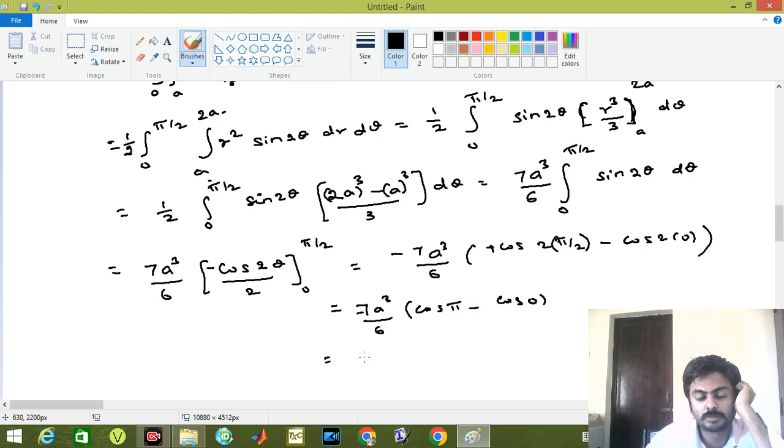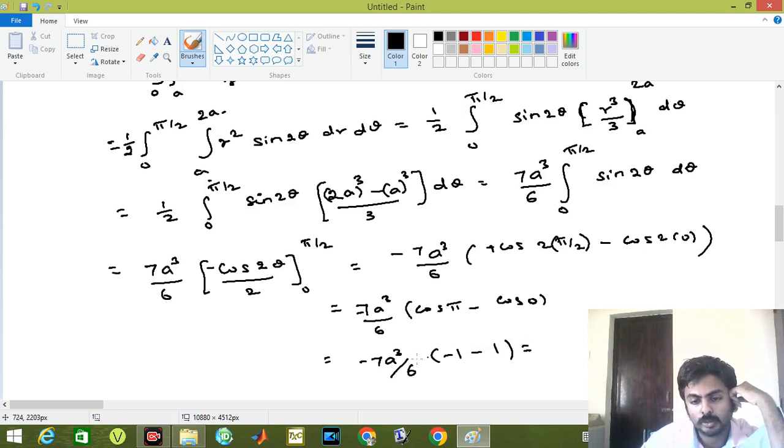That is cos pi. The value of cos n pi equals minus 1 power n, so that is equal to minus 1, minus 7a cube by 6 into minus 1, then minus the value of cos 0, which is 1. That is equal to minus 2.